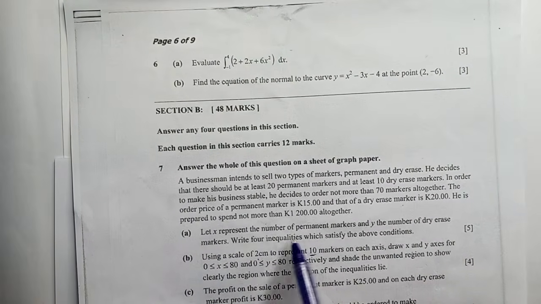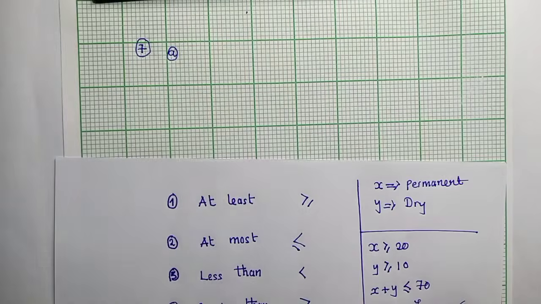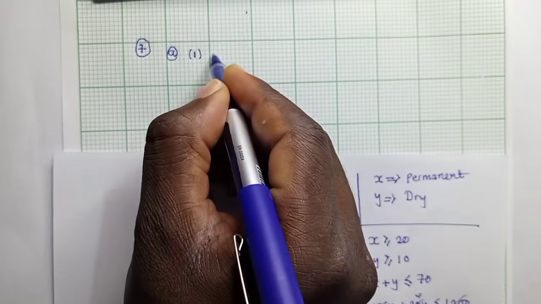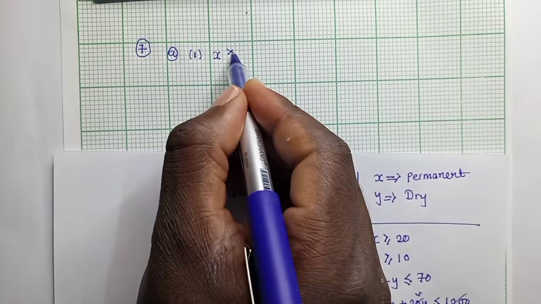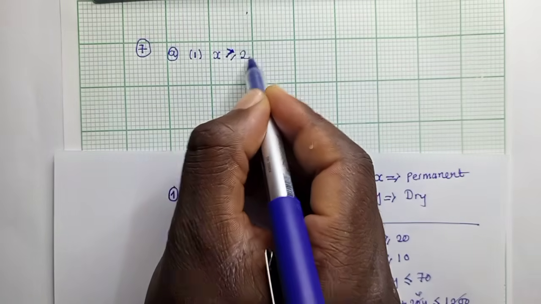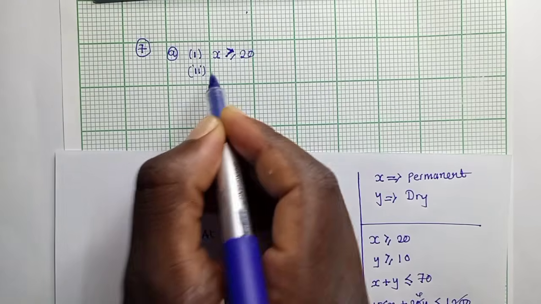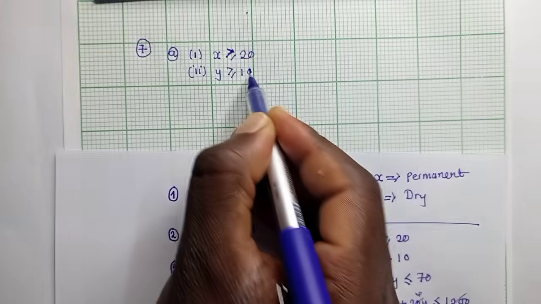So we need to write 4 inequalities which satisfy the above condition. So we have 1, we list them. 1, x is greater or equal to 20. Number 2, we have y is greater or equal to 10.